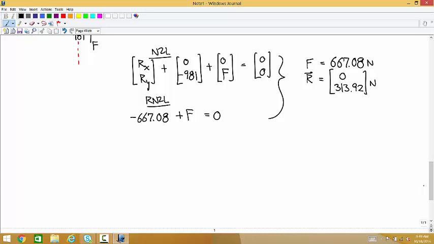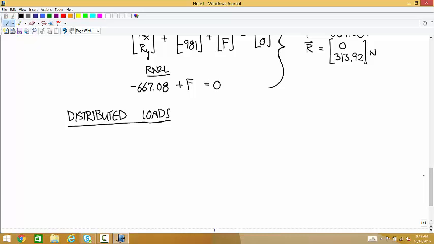Okay, so that's the first use for centroids. The second one is distributed loads. And really, weight is a type of distributed load. But distributed loads are forces spread over an interval rather than acting at a point.